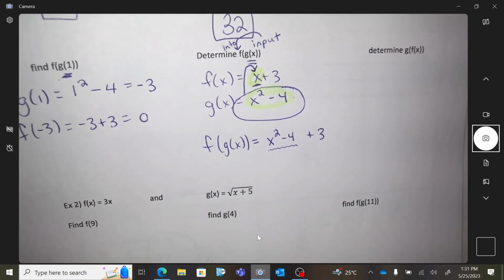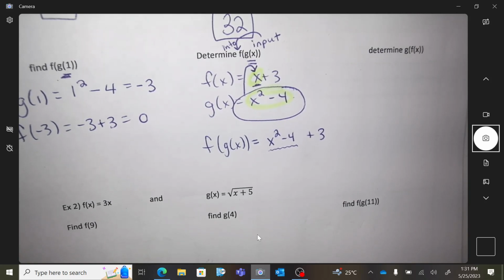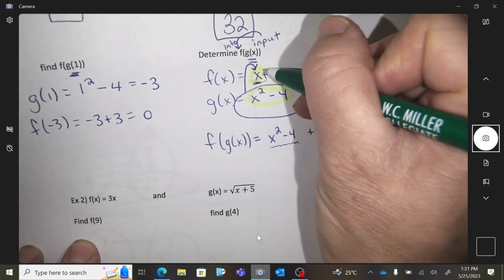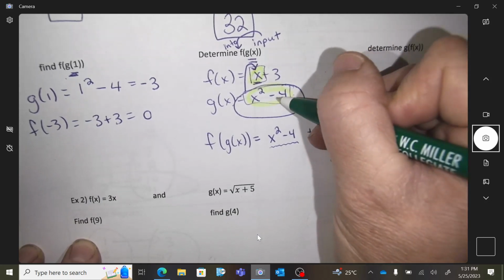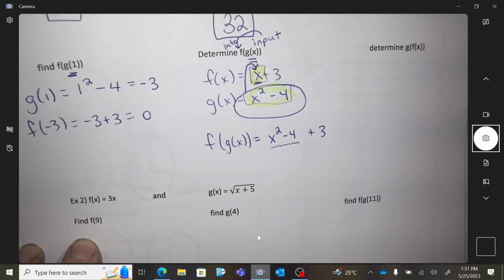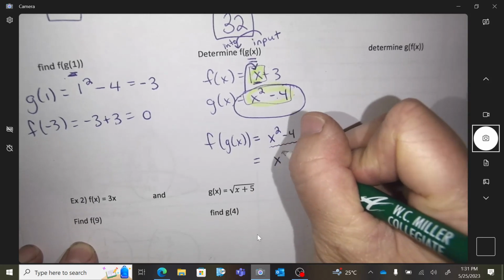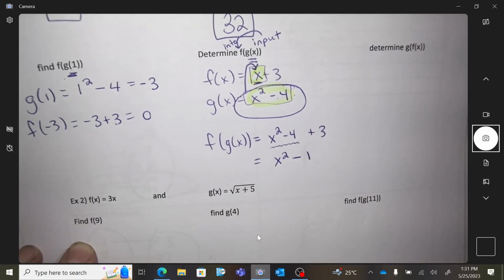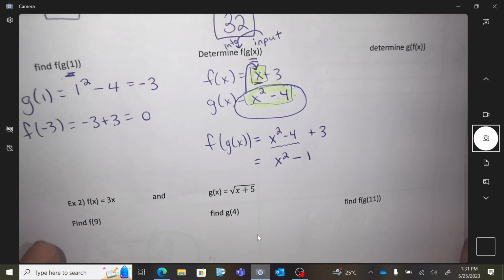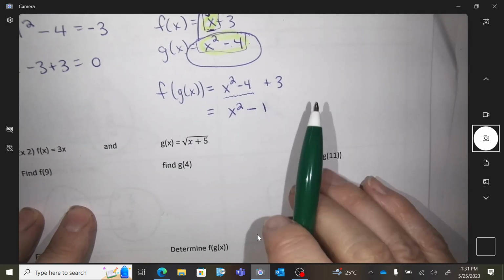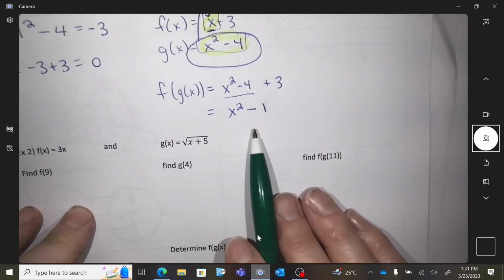So there's my input replaced. So do you see it? I replaced this, went into there. I dropped it into that box. Okay, and then this is just simplifying. There's a couple things I can put together there.